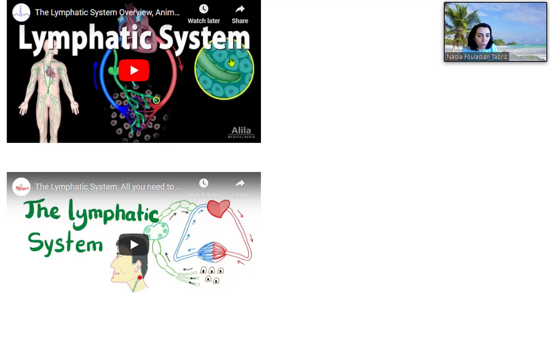So the fluid that we have between the cells can now be absorbed into these lymphatic capillaries. Those lymphatic capillaries take that fluid and continue their way, as you see here, part by part because they have valves, and when the fluid passes through, it cannot get back to the original place it was.